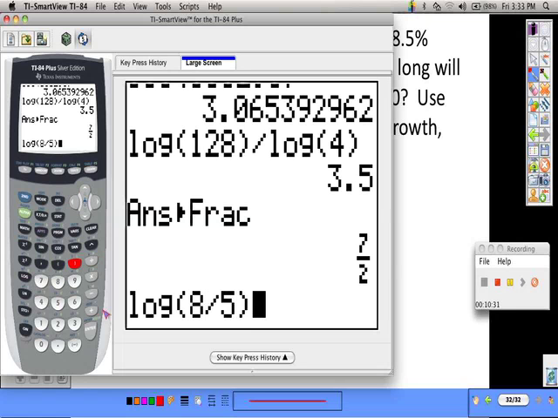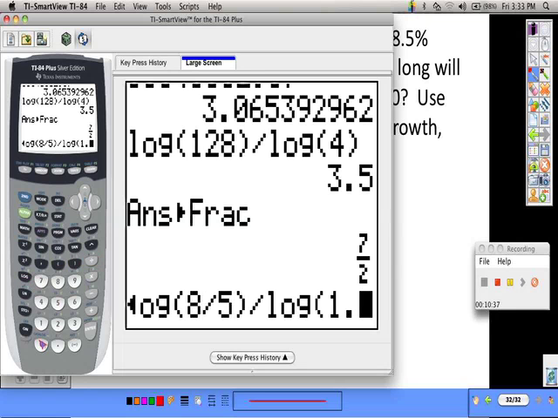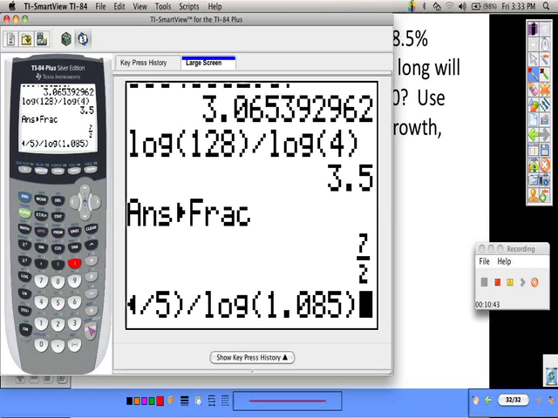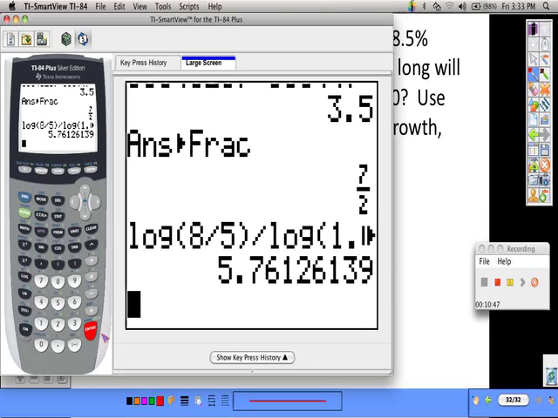Again, make sure you close your parentheses for the top. So it's going to take about 5.8 years till we have $800.